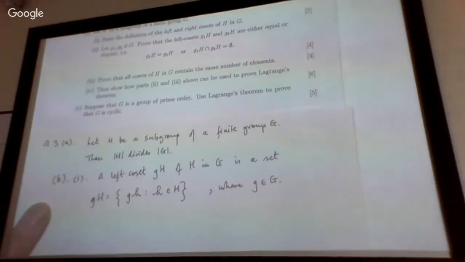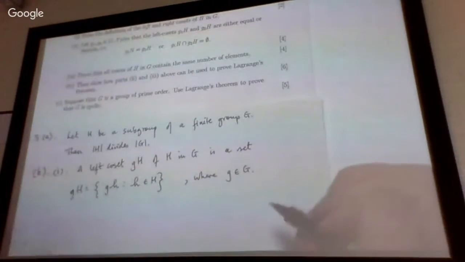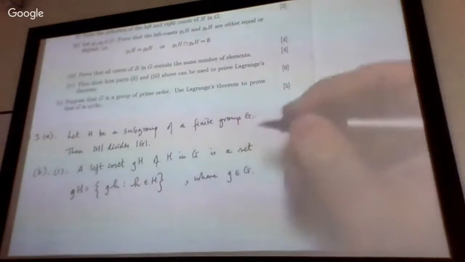To form one of these left cosets, did we normally say generated by g?